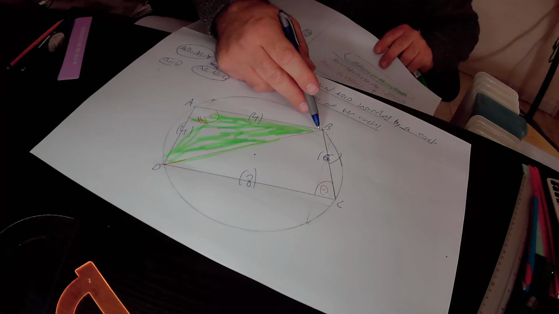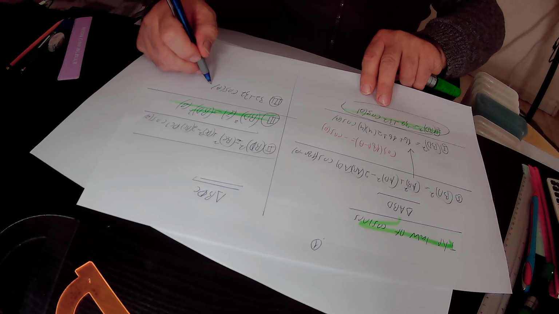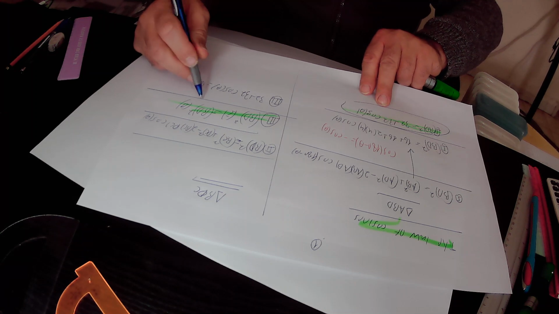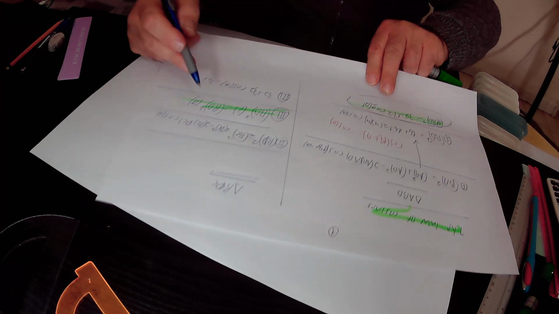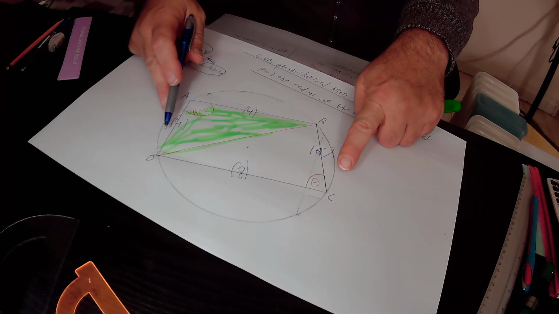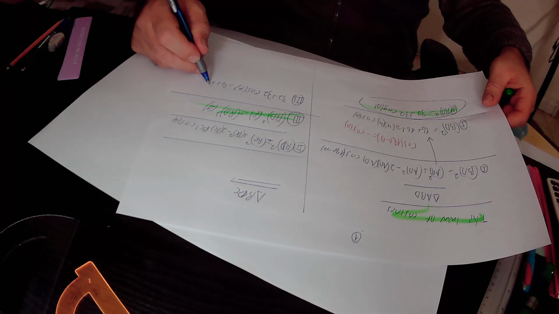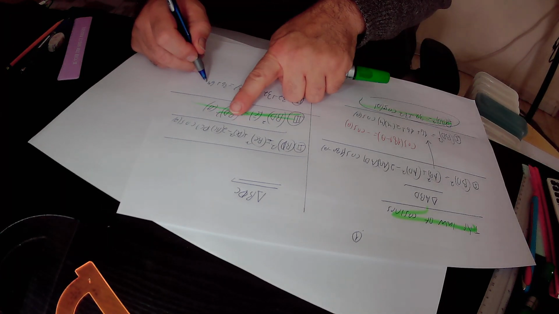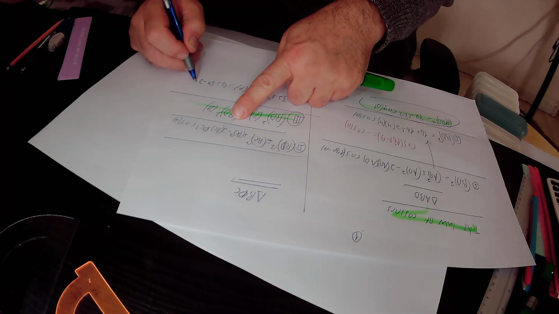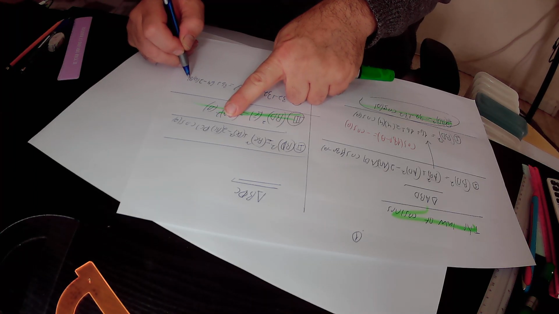BC is 6, therefore BC square is 6 squared, that is 36. Plus DC square. DC is 8, therefore DC square is 8 squared, that is 64. Minus 2 times BC, which is 6, times DC, which is 8, times cosine theta.